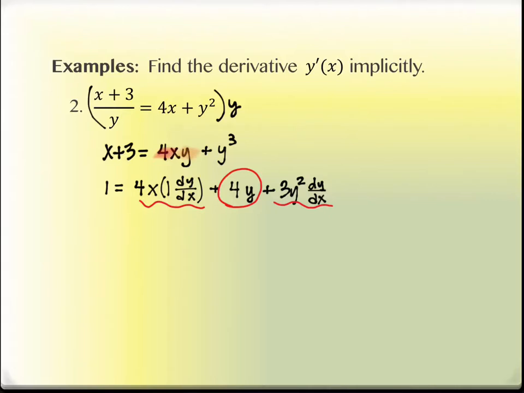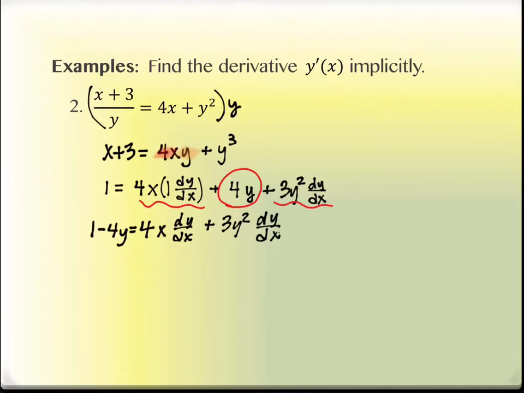So the first step I'm going to do is I'm going to write this as 1 minus 4y. And then I have it equal to 4x dy dx plus, what do I have, 3y squared dy dx. Is that okay so far? Just shifted part of my equation.